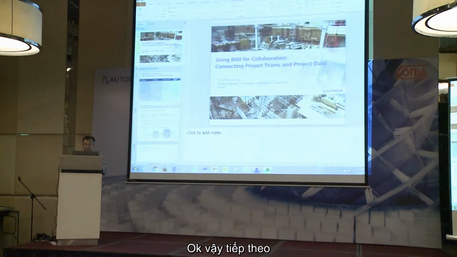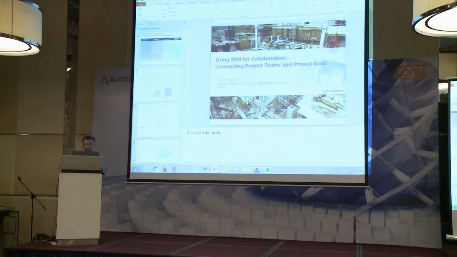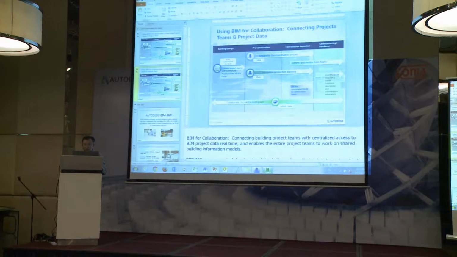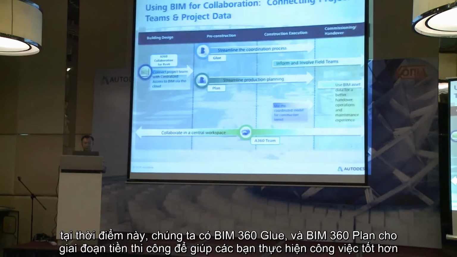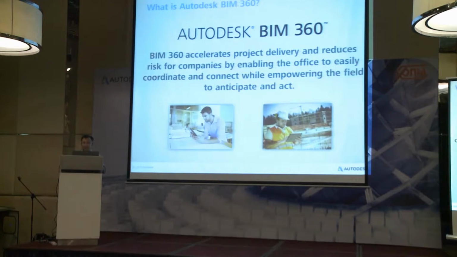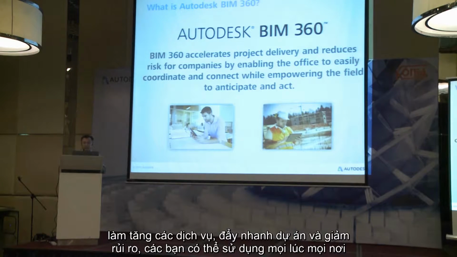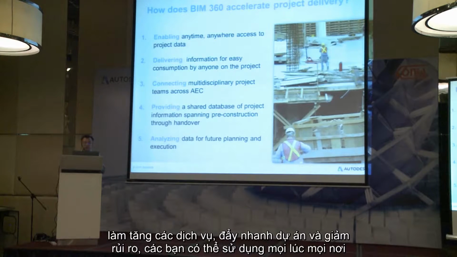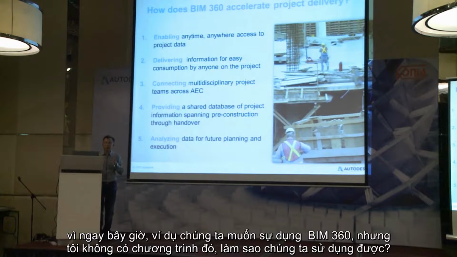Okay, so next. At this moment, we have BIM 360 Glue and BIM 360 Plan for pre-construction to help you work in a better way. BIM is the service that we facilitate project delivery and reduce the risk, right? Enable you anytime, anywhere, delivers. Because right now, for example, we want to use BIM 360, I don't have the program.